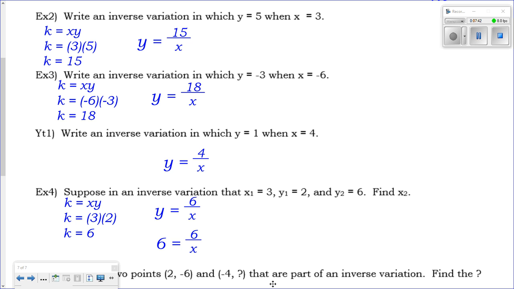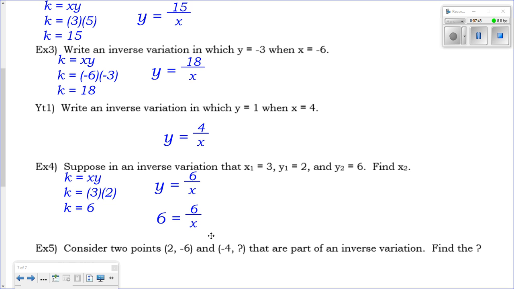Now I have an equation in which I'm solving for x. This gets a little weird because x is in the denominator, and I know you have seen this before. To get x out of the denominator, I'm going to multiply both sides by x. So x moves to the other side, but now it's in the numerator.